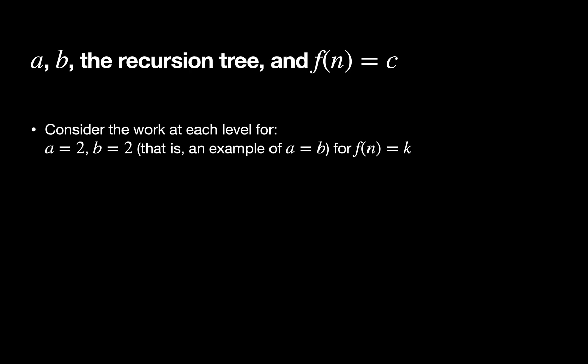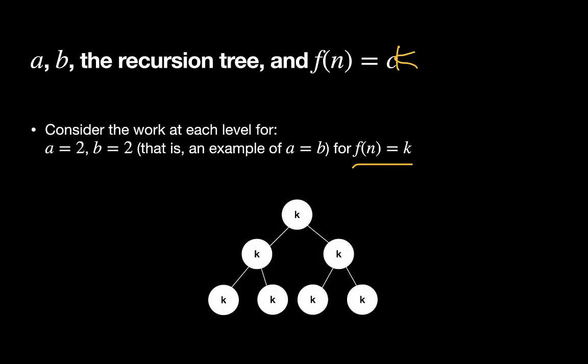So first off, we'll consider when f of n is equal to some constant k. Okay, so the recursion tree will look something like this. And if you think about this, the total amount of data is being reduced by 2 at each level, but the work being done at each instance has nothing to do with n.